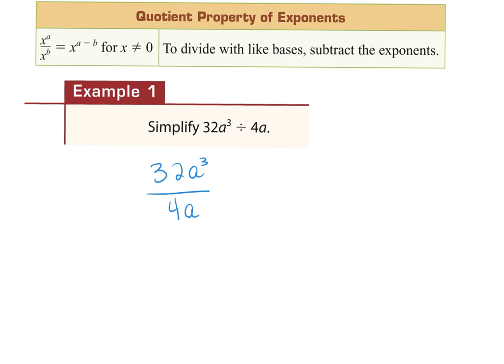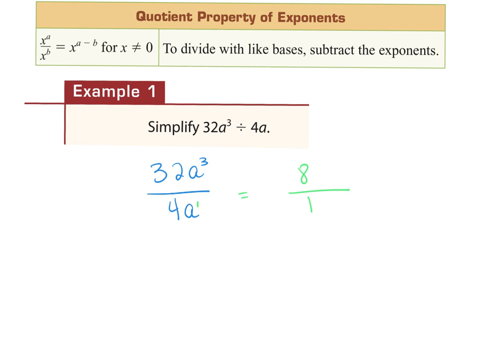All right. When I do this, I can reduce the numbers just as though they were their own fraction. Okay, so does 32 over 4 reduce? Yes, they actually reduce by 4. So I'm going to end up with just an 8 up here. Then this is a cubed over a to the first power.